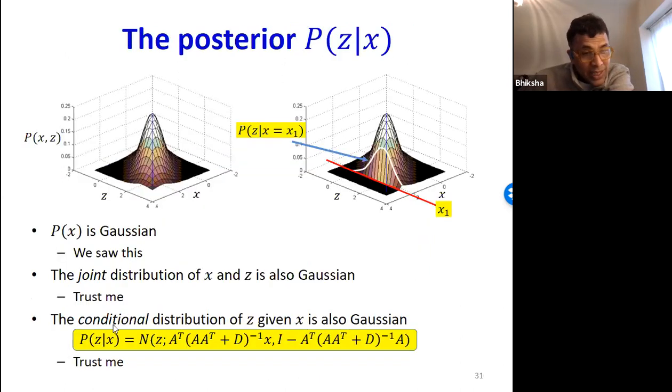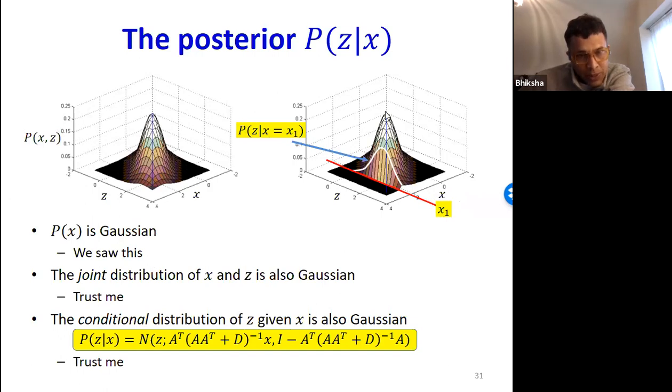And because everything is Gaussian, it turns out that that posterior probability distribution has a nice closed form. Again, I'm not going to derive it, but basically, when I say that x and z are jointly Gaussian, which is what they are in our case, it means that together they have this bell-shaped distribution. So if I give you the x, p of z given x is like saying, I've given you that x, what is the probability of z?